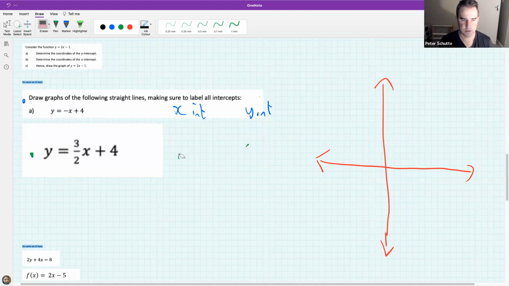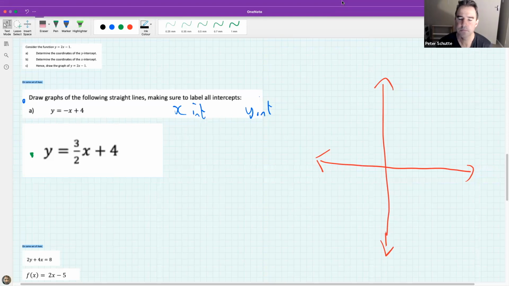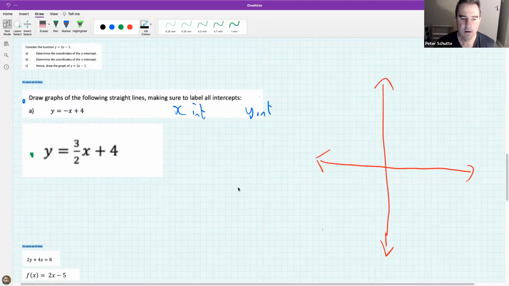Okay, I want to give you some time to do that. So I think we can see that the y-intercept is going to be 0, 4 on the first one.